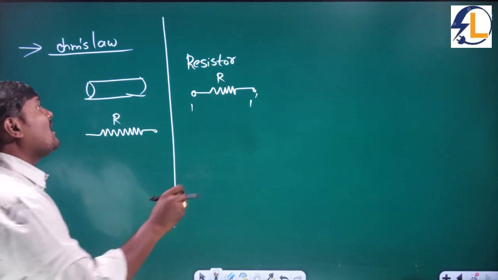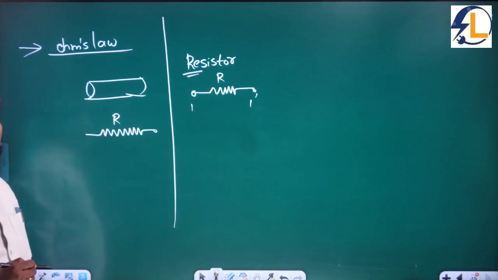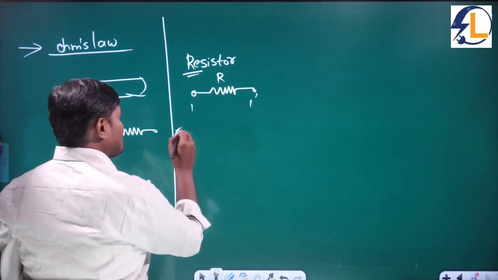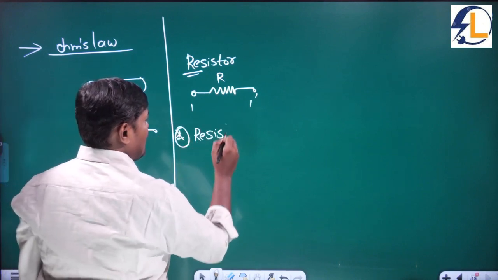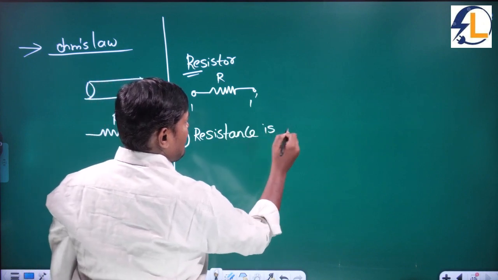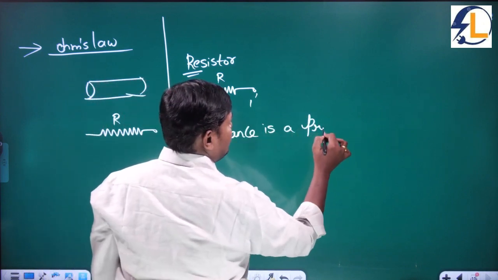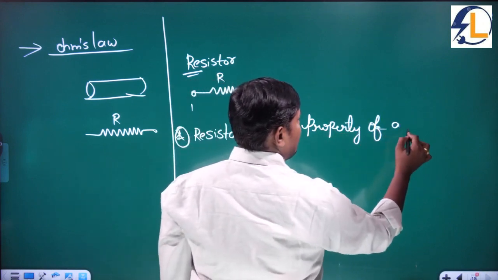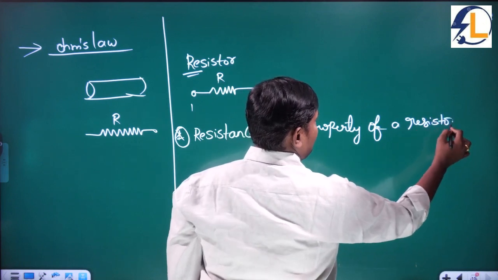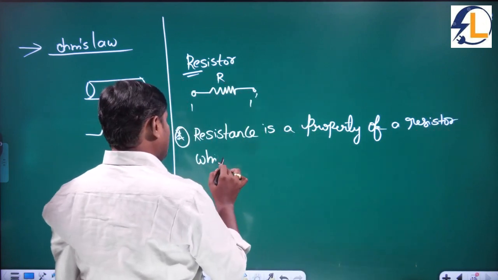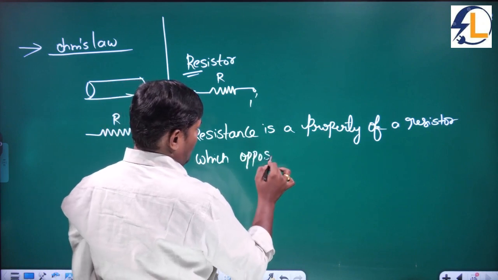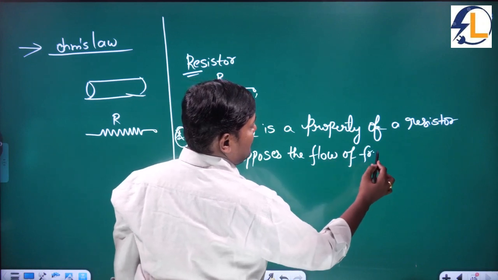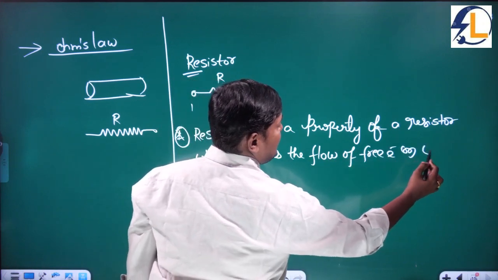Resistance is a property of a resistor which opposes the flow of free electrons or electric current.